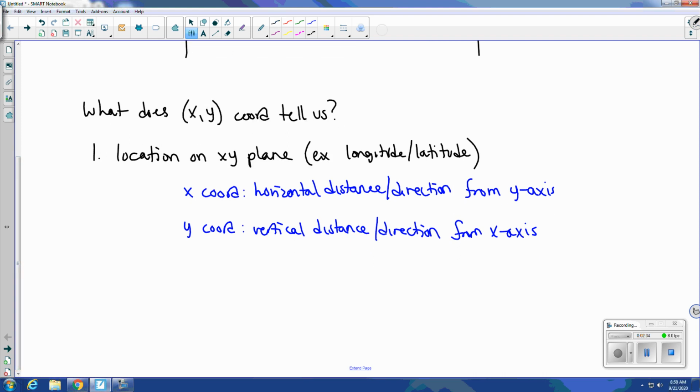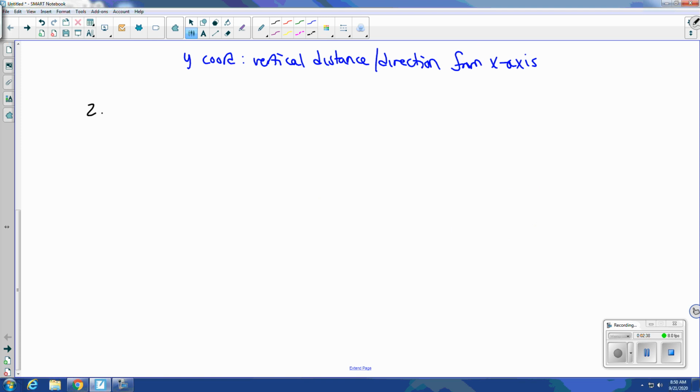So that is our first perspective. But the second perspective, and an often forgotten one, is that it tells you the inputs and outputs for a function. In a later video, we'll dive deeper into what functions are and how they work, but an input and output at a specific location is valuable information given certain problems.